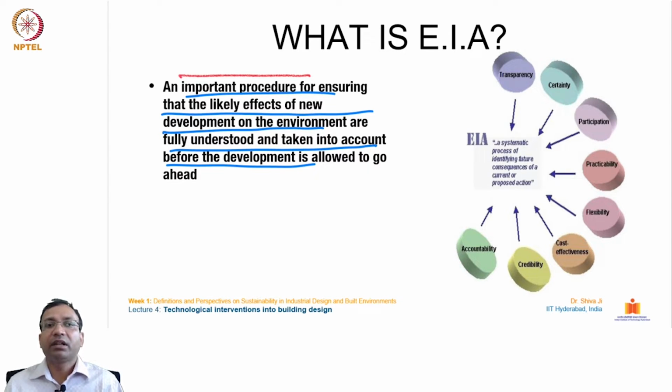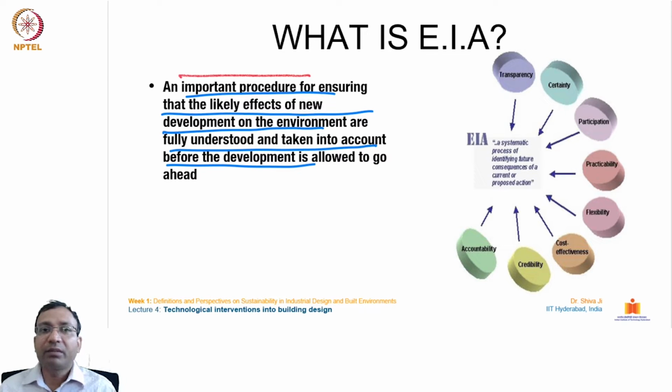It is a preemptive measure which takes care of calculations and analysis of any plausible effect which a development activity is going to exert on the surrounding and overall ecosystem.